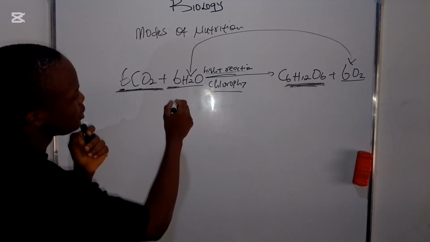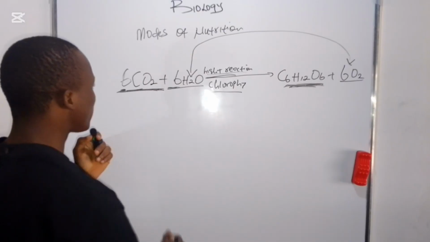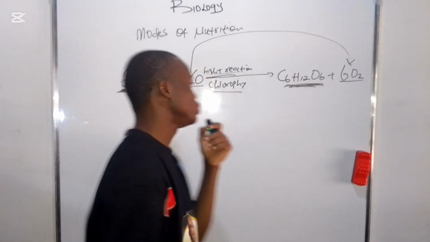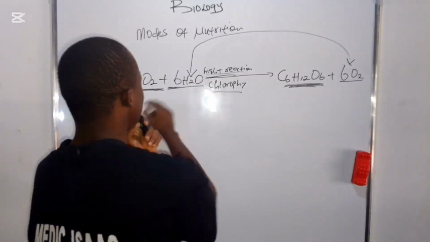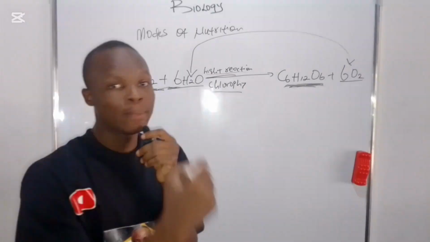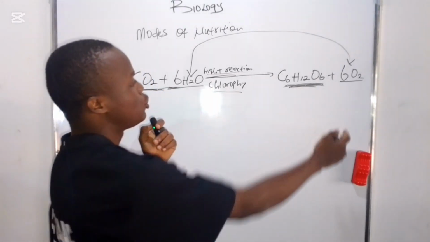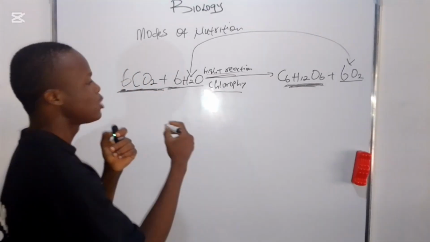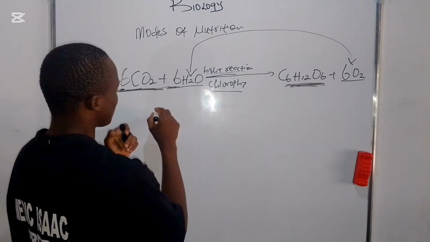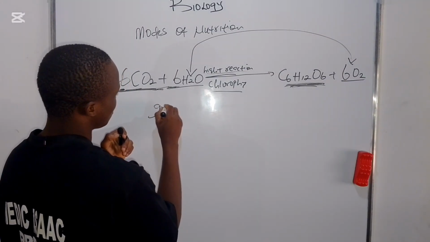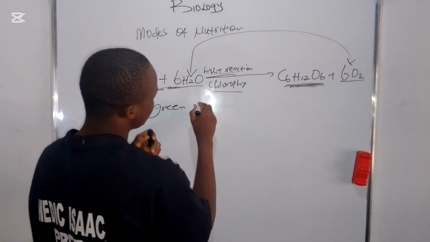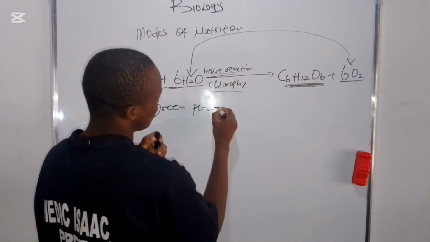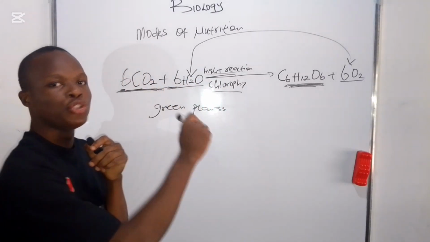Now, this holophytic nutrition that we are talking about, there are some organisms, some green plants, that use this kind of nutrition particularly. Some are the likes of green plants. Green plants cannot live without this kind of nutrition.